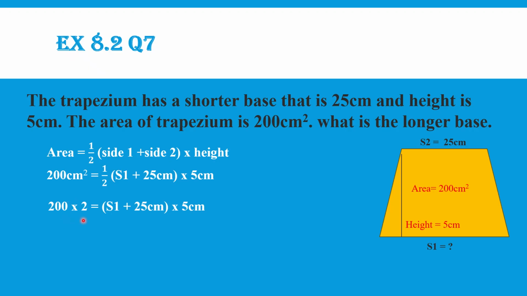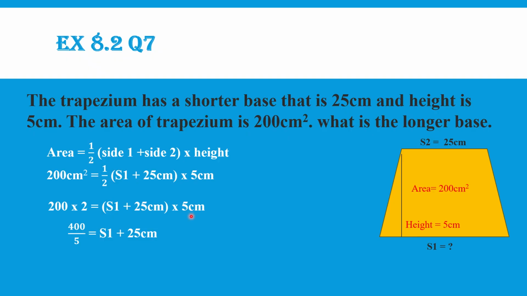So 200 into 2 is equal to, here we are left with side 1 plus 25 centimeter, into 5. We cannot add them unless we get the value of this side 1. So after multiplication of 200 by 2 we get 400 centimeter square.